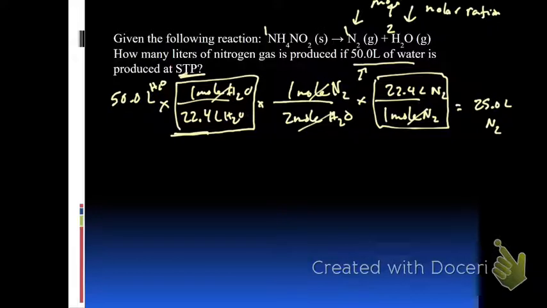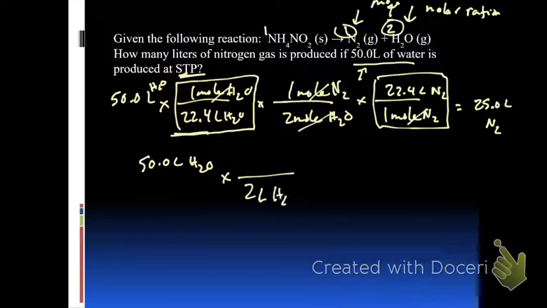What I mean by that is we could have just gone straight: 50.0 liters of water. For every 2 liters of water, there's 1 liter of nitrogen. And so you get 25.0 liters of nitrogen. This only works if you're going from volume to volume, and it only works at STP, okay?